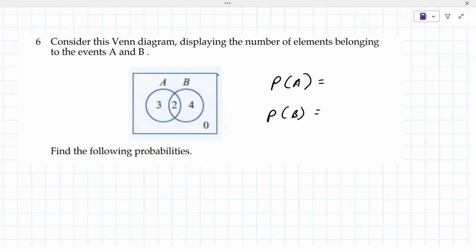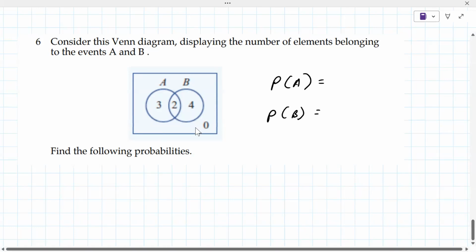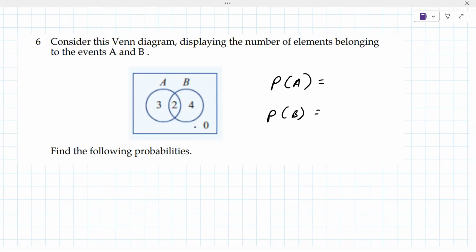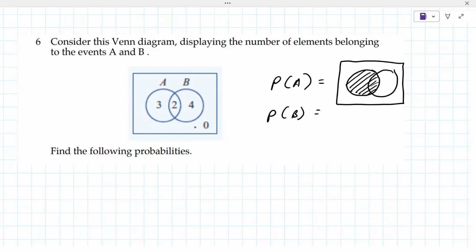Probability of A would be 3 over 10. How did you come up with 10? Because, oh shoot, 9. Okay, so let me color code what the probability of A is. They sometimes do this in courses. It's everything including the overlap.